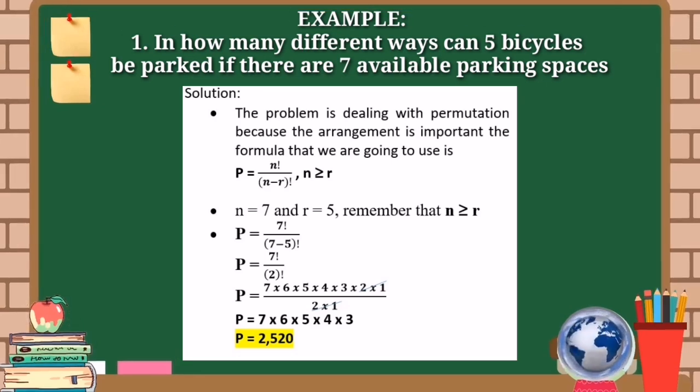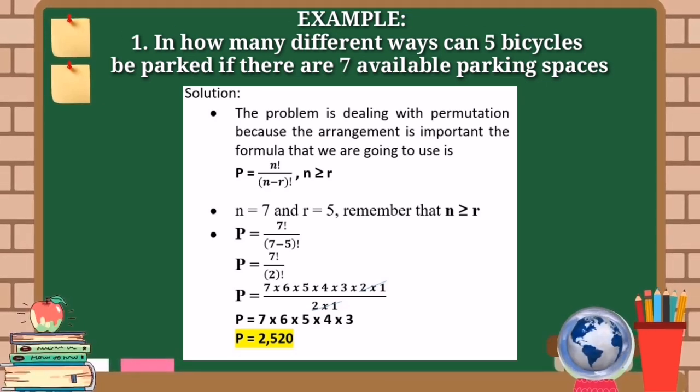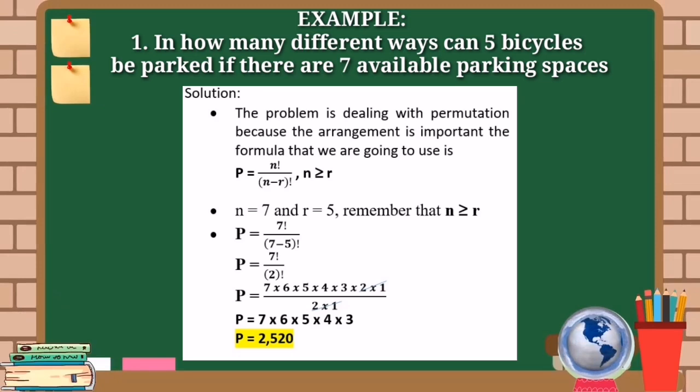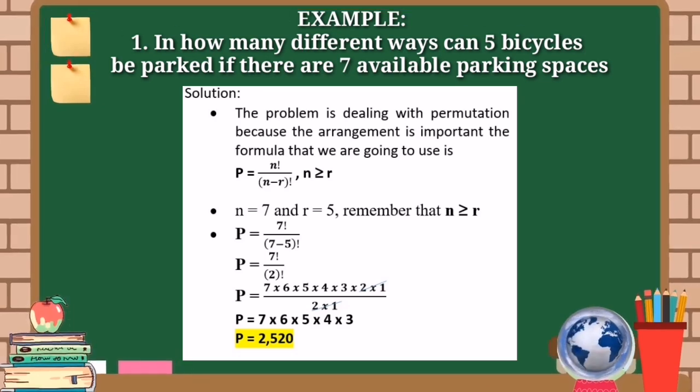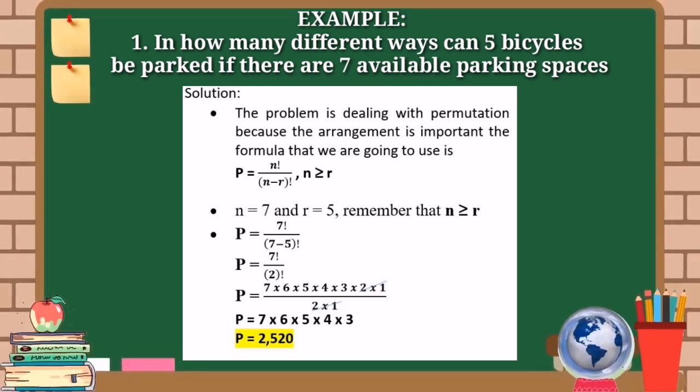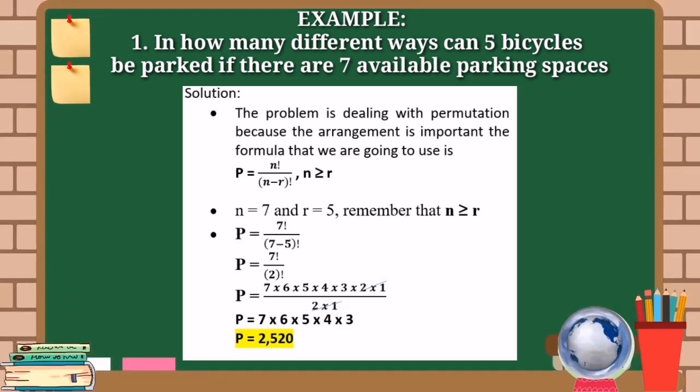Next, we have to substitute the value of n and r to the formula. The value of n is 7 and the value of r is 5. So P is equal to 7 factorial over the quantity of 7 minus 5 factorial. Next, we have to subtract the denominator. 7 minus 5 equals 2 factorial. 7 factorial is equal to 7 times 6 times 5 times 4 times 3 times 2 times 1.